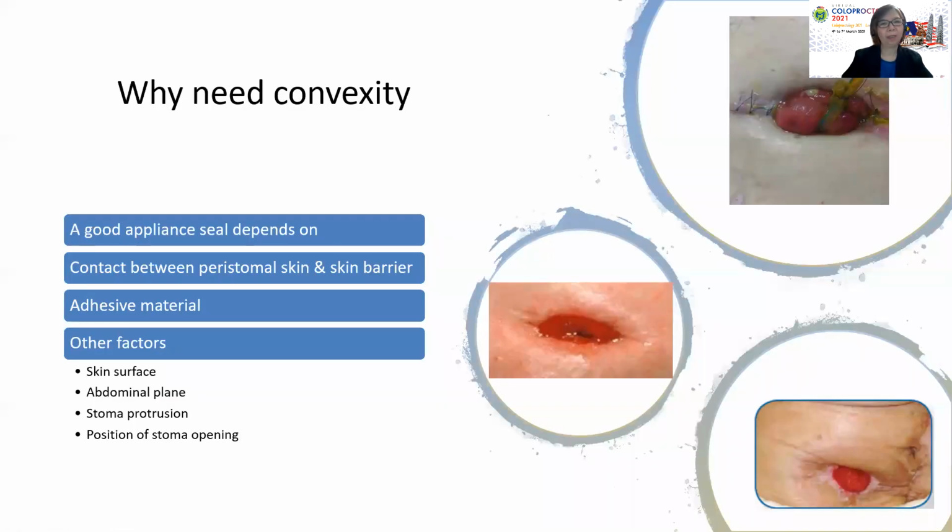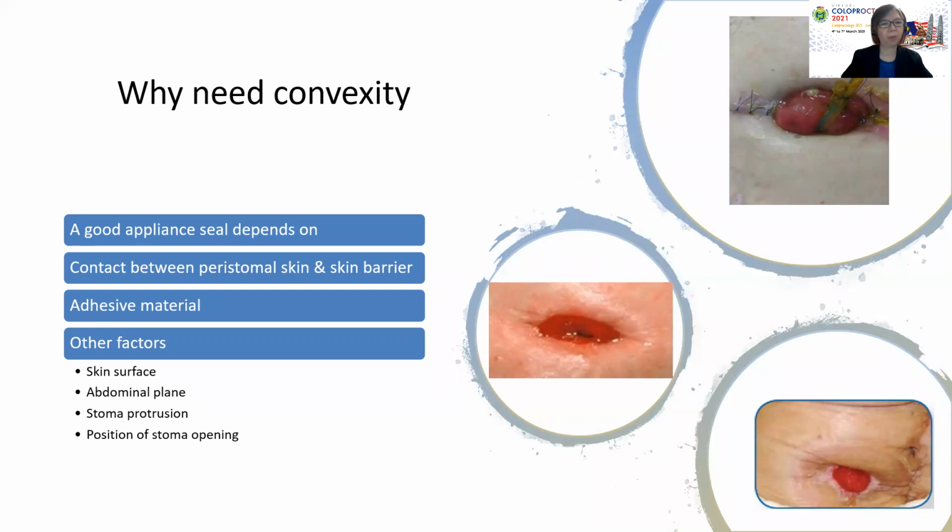Now, why need convexity? Usually, convexity is used because we need a good appliance seal. And a good appliance seal depends on a few things. First is the contact between the peristoma skin and the skin barrier. And of course, the adhesive material will do a part.